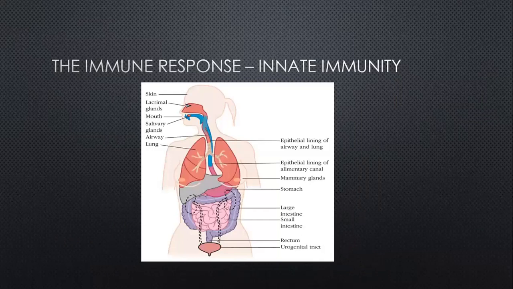So there are obvious components of innate immunity, and there are actually external barriers to microbial invasion, such as the epithelial layers that separate the inner body from the outside, from the pathogens of the exterior world.